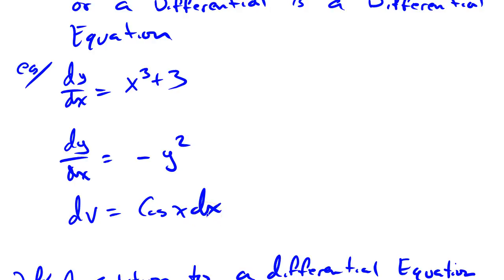There's all kinds of differential equations. These that I've given you, well, these two anyway, are what are called first order differential equations because the derivative involved is a first derivative.